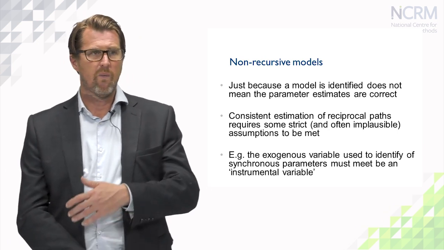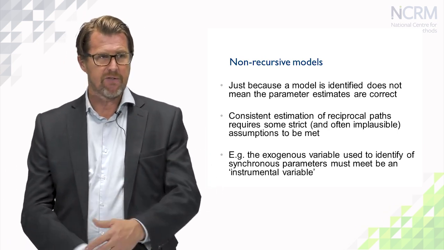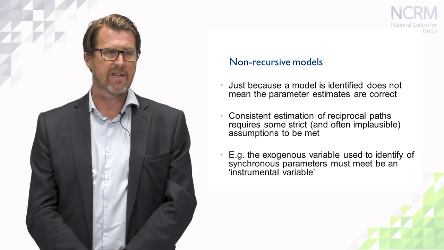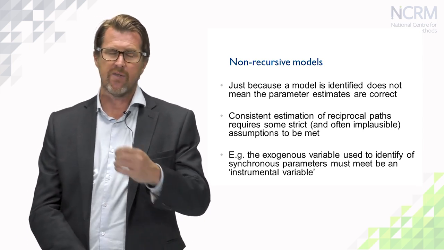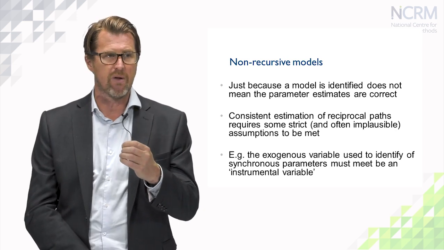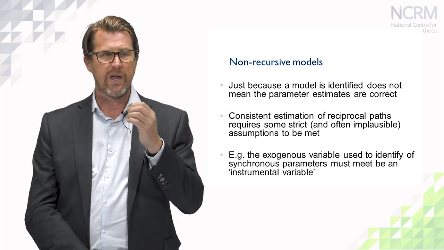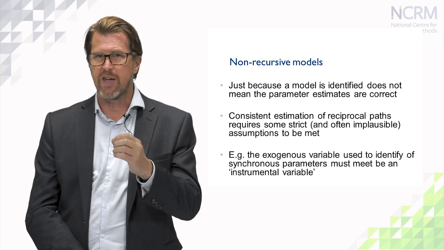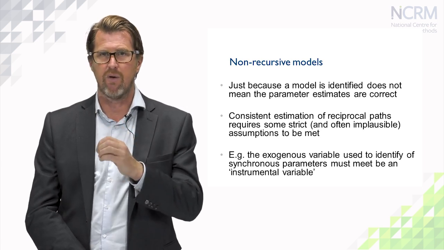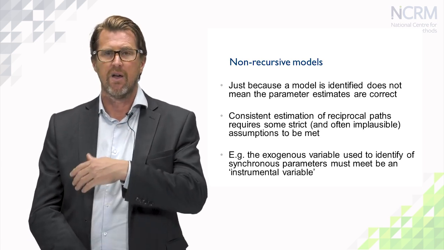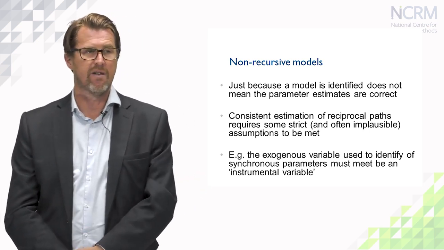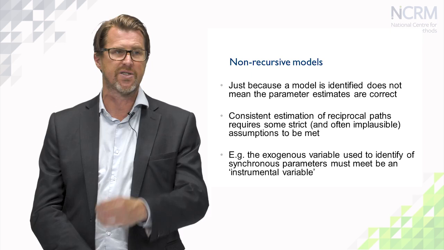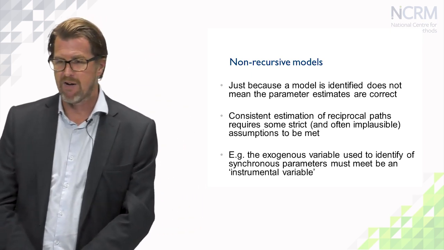In this context with reciprocal effects, we need to assume that we have some exogenous variables in the model that we can treat as instrumental variables. And this is another important idea for understanding and implementing this kind of non-recursive model, the idea of an instrumental variable.